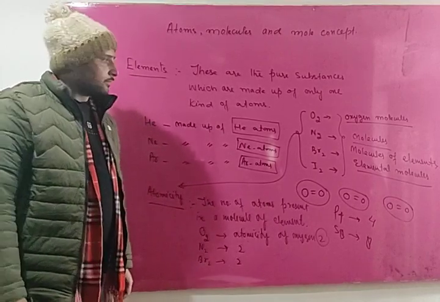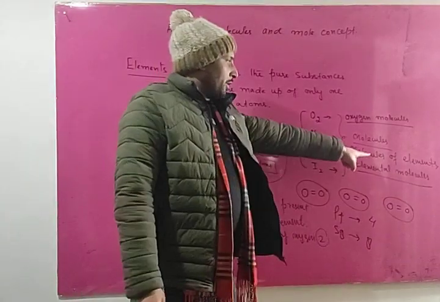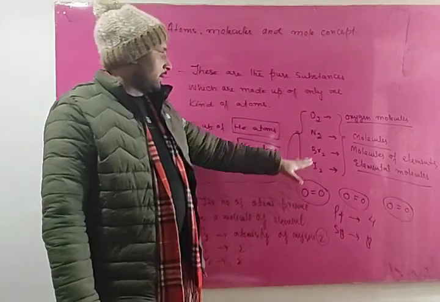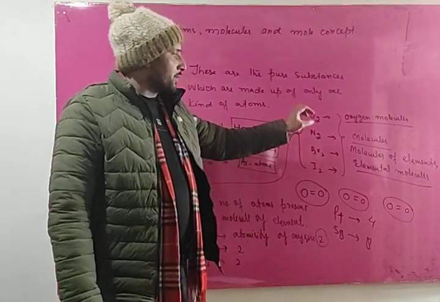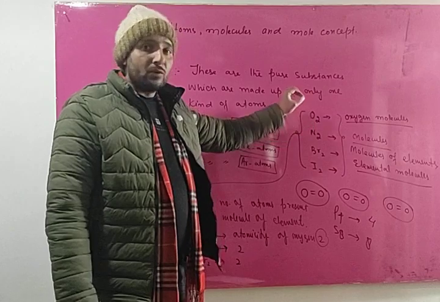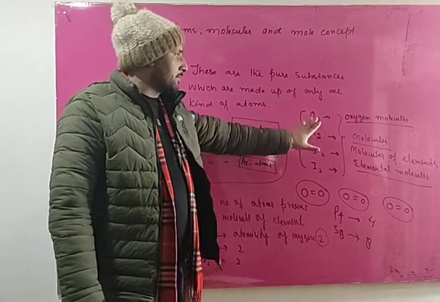Alright? So, molecules of elements are the molecules which are made up of the same kind, only one type of atoms.